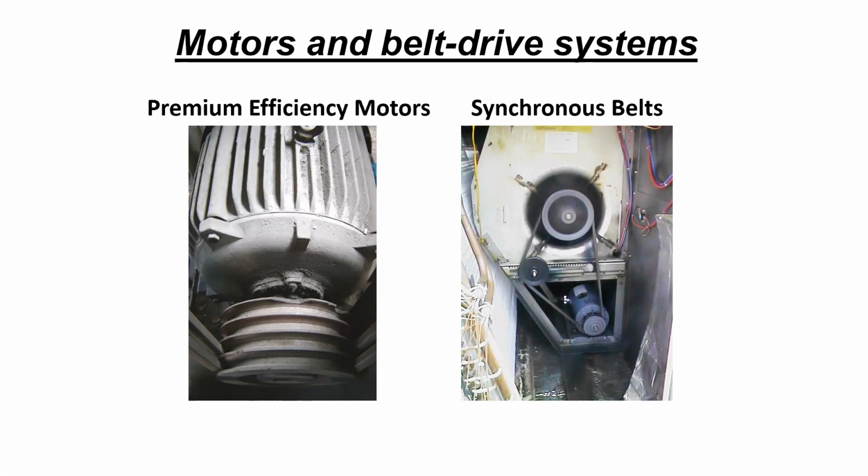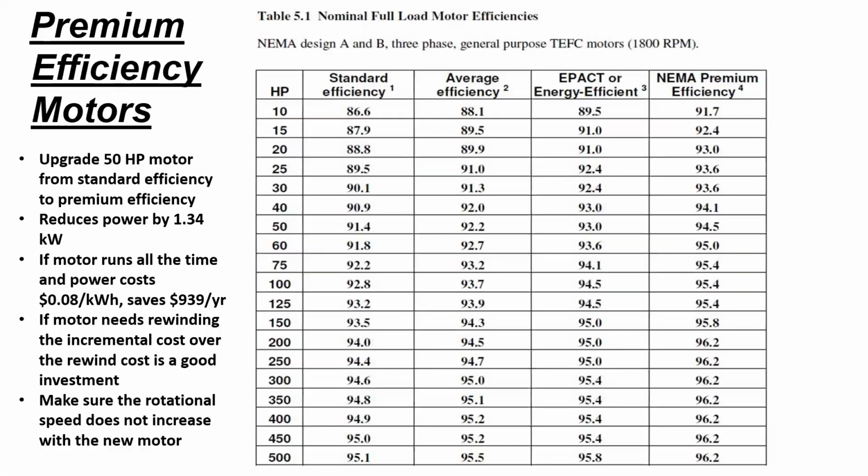In terms of belts, many motors and fans are connected through belts. One thing is that whenever we upgrade our motor from a standard efficiency one to a very high efficiency one, replacing it with the newest one, of course we gain some efficiency. For example, for a 50 horsepower motor, we can go from 91.4 standard efficiency to 94.5.